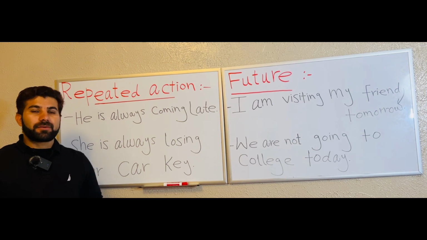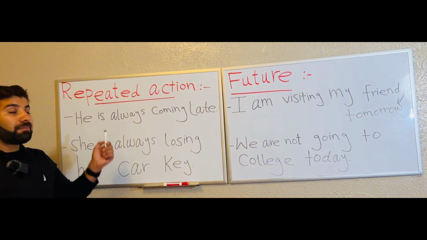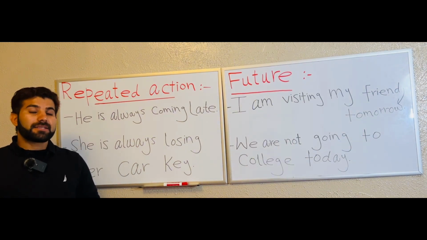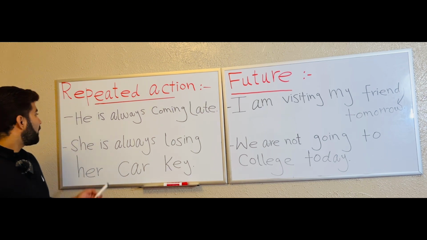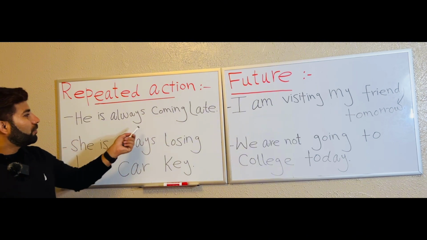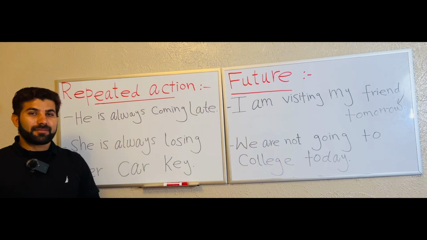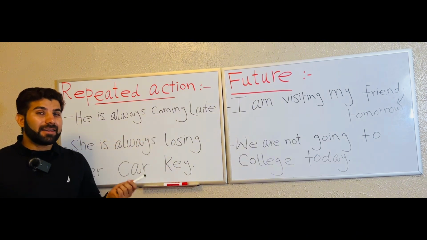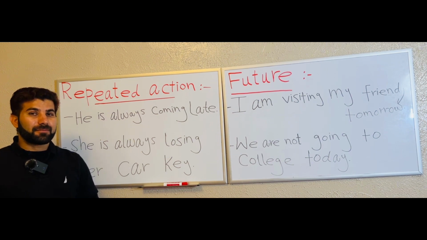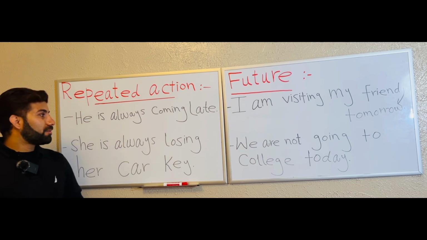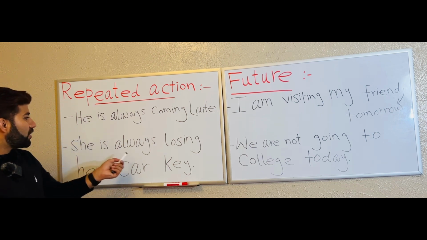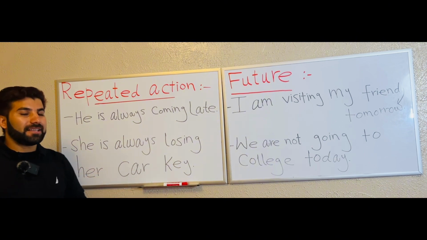We also use present continuous tense for repeated action, especially if something is negative. For example, he's always coming late. So this is a negative situation, we can say. That's why we use present continuous tense. She's always losing her car key.